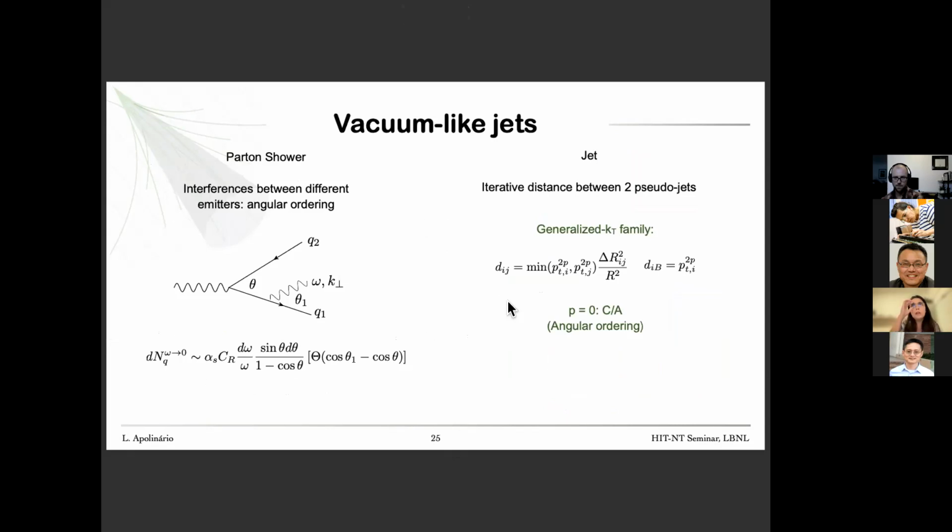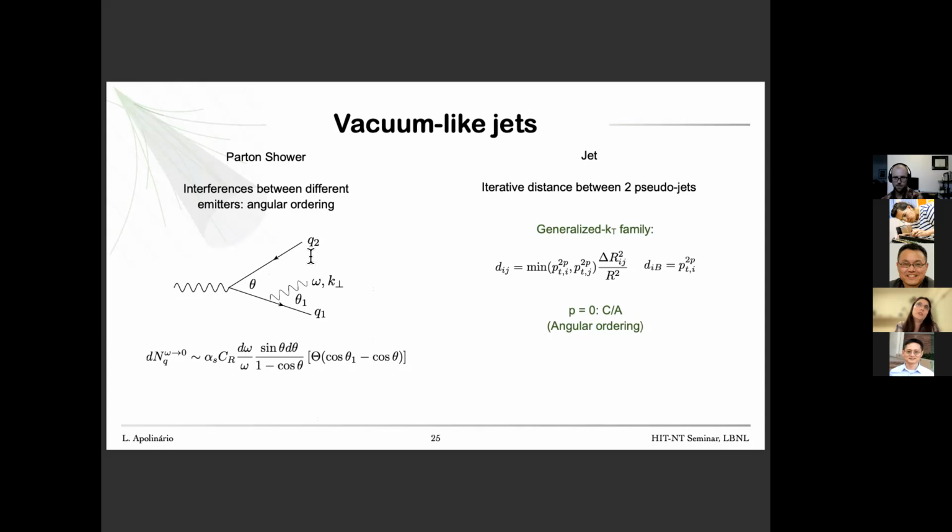Now, Cambridge-Aachen is very nice because it correlates with the expected pattern that we get when calculating the radiation pattern from a QCD antenna, for instance. We know that by calculating the interference between subsequent emitters, there is a nice cancellation between the radiation of these two, from which we can retrieve this angular ordering component.